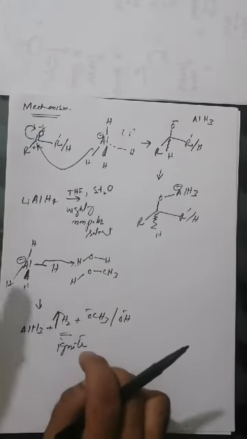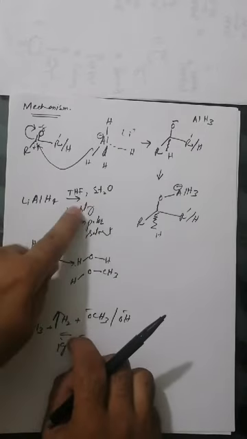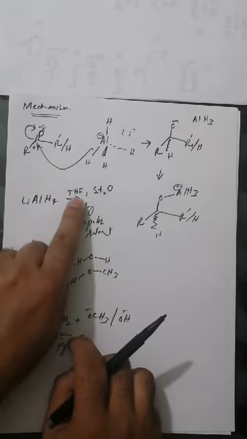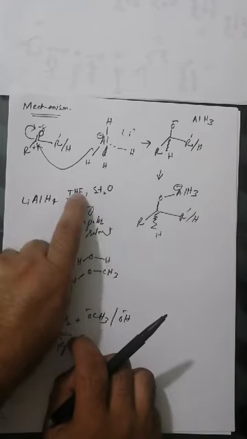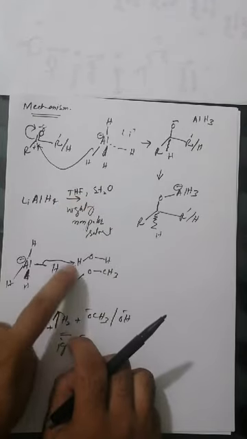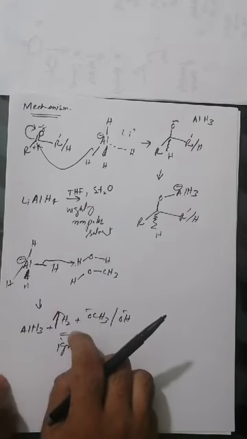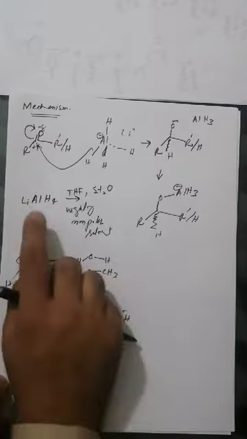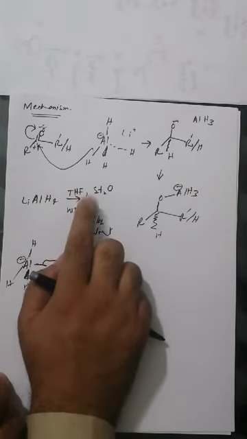So whenever lithium aluminum hydride is used in the reaction, your solvent must be non-polar and shouldn't have any impurity of either water or polar solvents in them. That's why you will see that most of the reactions of lithium aluminum hydride occur in non-polar solvent.